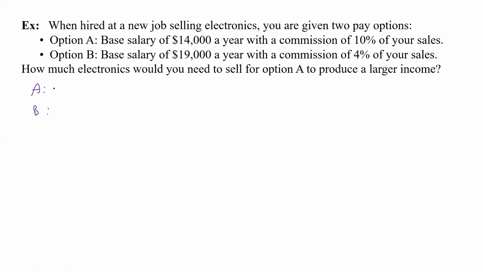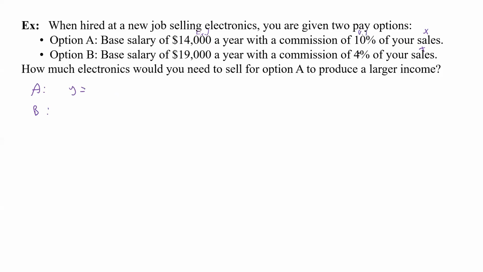and B. For A, all right, so if we just put this in y equals mx plus b form, what is our slope and our intercept going to be? Well, this is basically our value. We're going to get this no matter what. So that's kind of our fixed salary. And then we're going to get adding up this much times however much sales we have. So if we call sales X on both of these, 10%, well, we have to convert that to decimal to put it into formula.